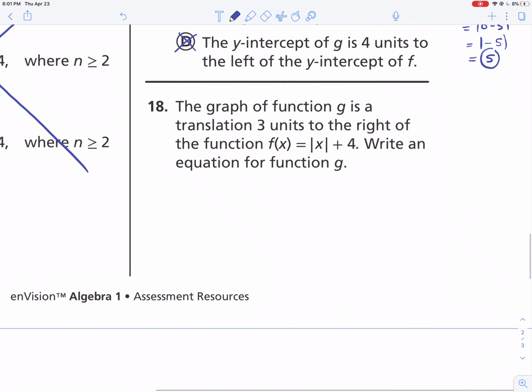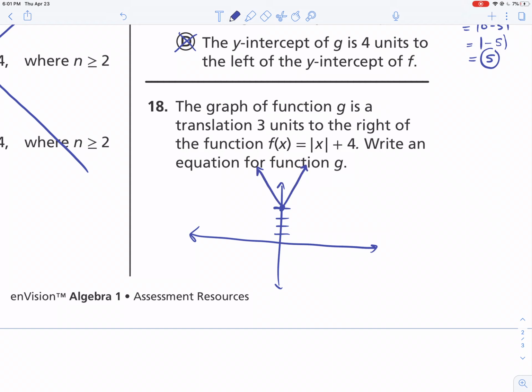And then our last one, for 18: the graph of the function g is a translation 3 units to the right of the function f of x equals the absolute value of x plus 4. So if you remember from our absolute value, it doesn't shift left or right at all, and we would have an absolute value function with a vertex at 0, 4.